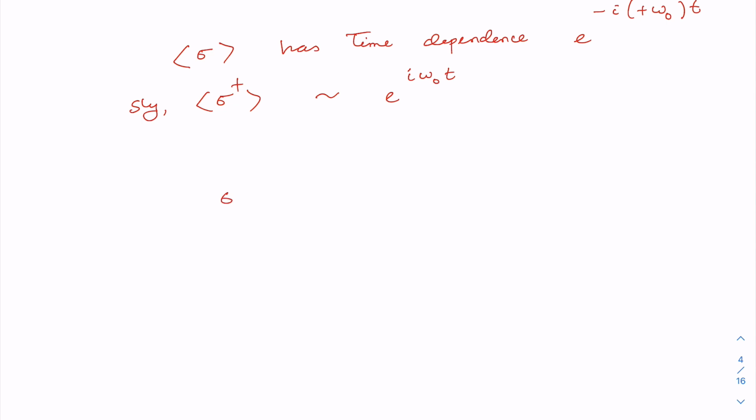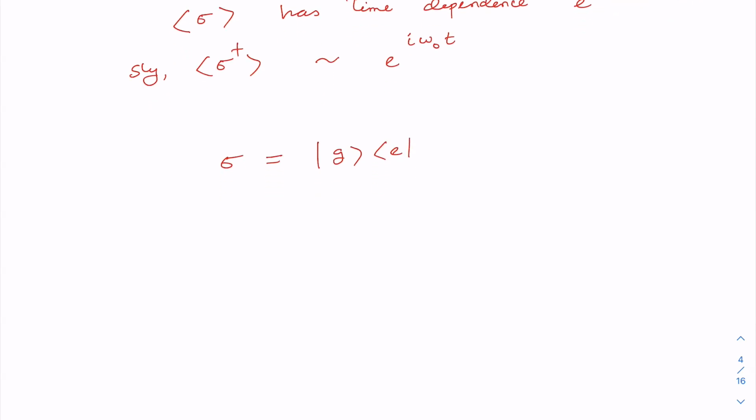To do that, let me first write the atomic lowering operator as this, and we can work out the time evolution of this lowering operator using the Heisenberg equation of motion. So that would be i h cross d sigma dt is equal to the commutator of sigma with the Hamiltonian. Because sigma is an atomic operator, let me just deal with the atomic part of the Hamiltonian only.